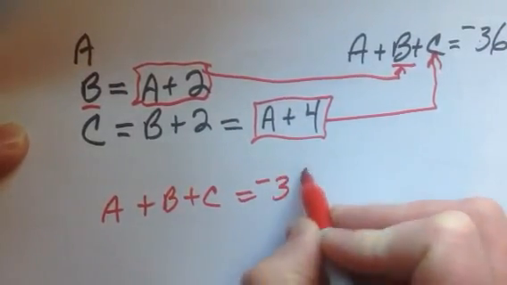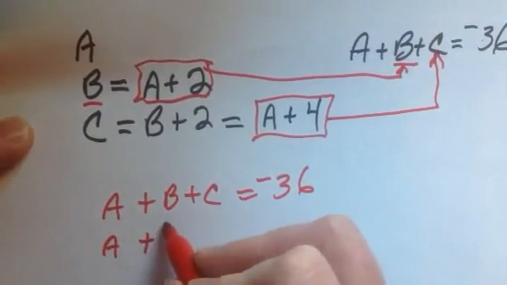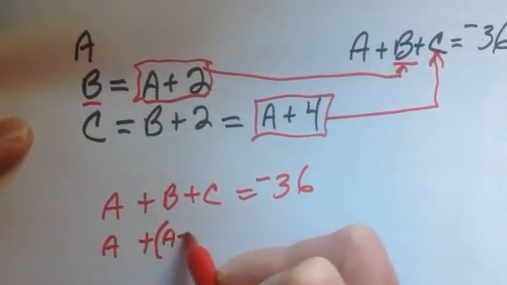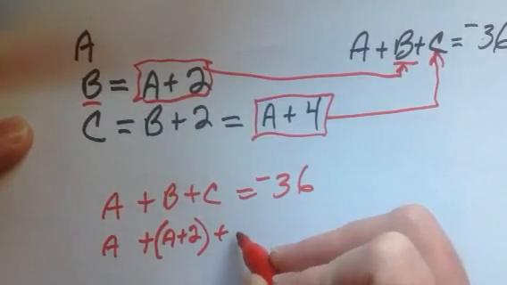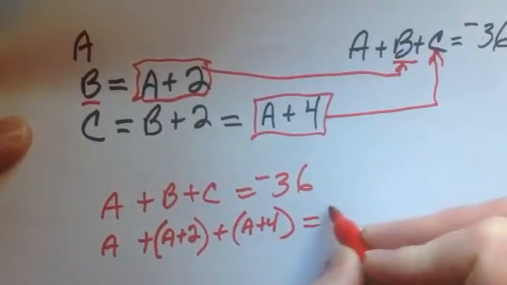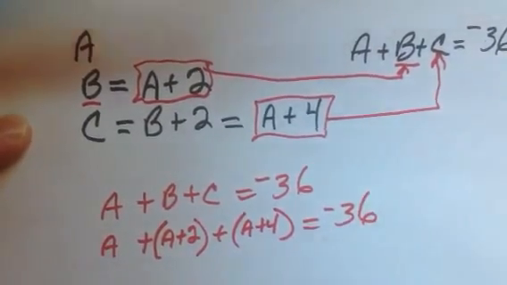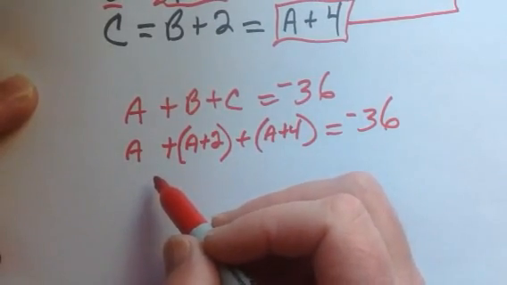So A stays the same. B in terms of A would be A plus 2. And C in terms of A is A plus 4, equals negative 36.